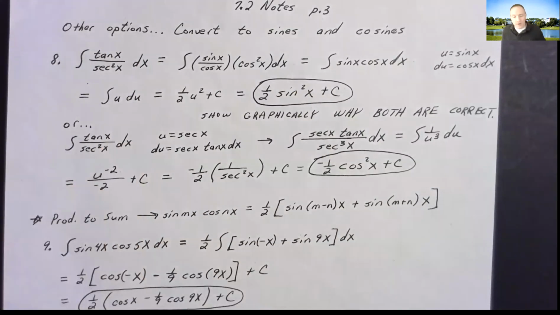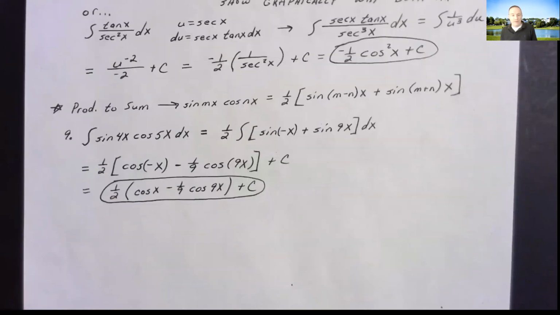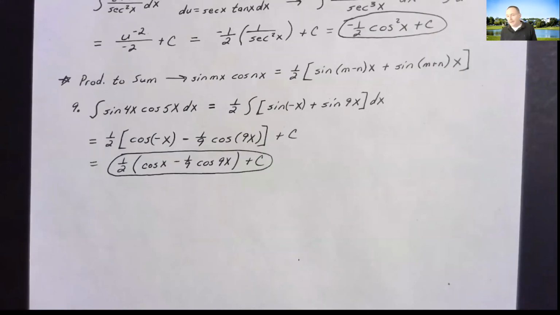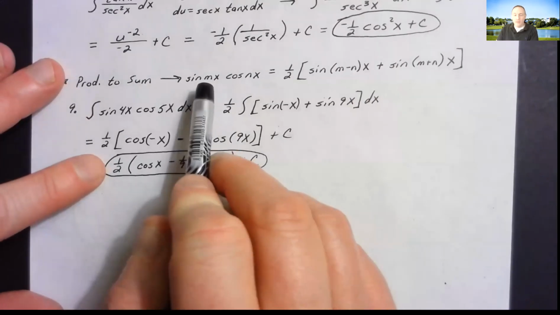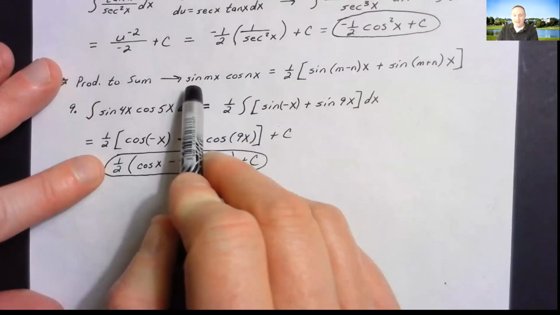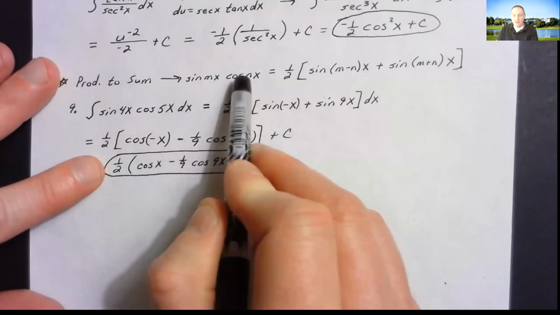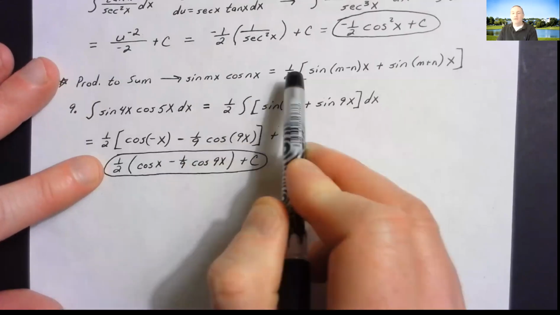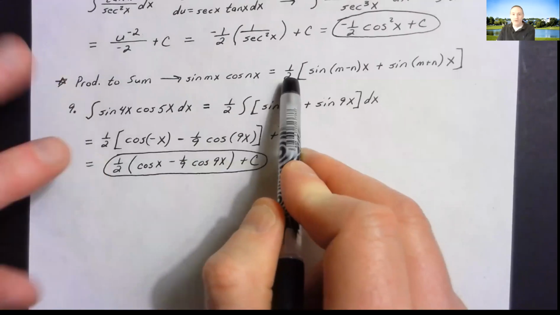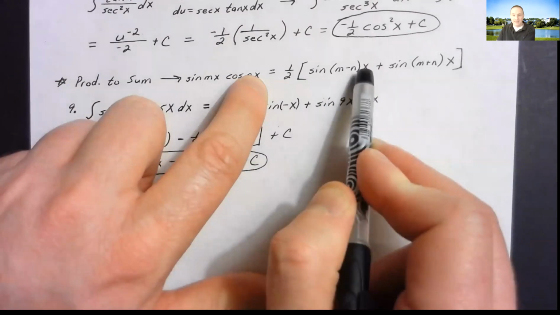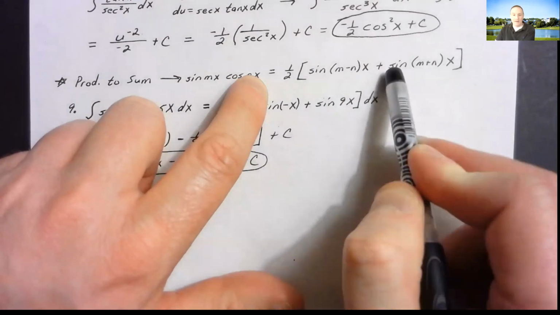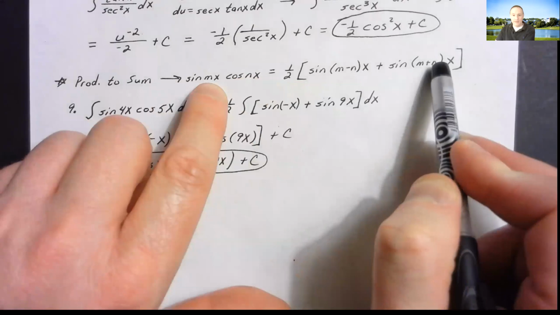Now, some problems in this section might require you to do the product to sum formula. Anytime that's the case, you would be given that within the problem. Such as right here, if I say, guys, in this problem, please use the trigonometric identity: the sine of mx times the cosine of nx is equal to 1/2 times the sine of m minus n times x plus the sine of m plus n times x.